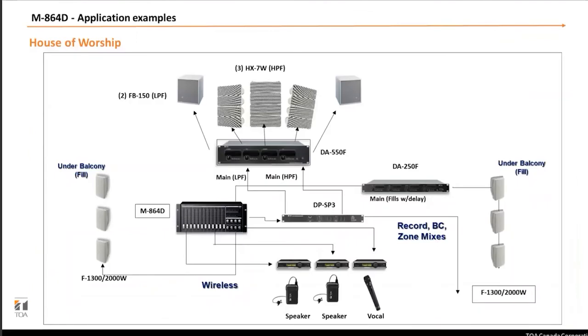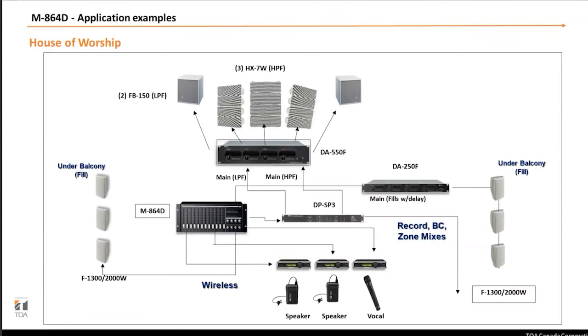Application examples for our digital mixer. We have a complete diagram here illustrating the application of a house of worship. So basically, we have in this system our digital mixer M864.